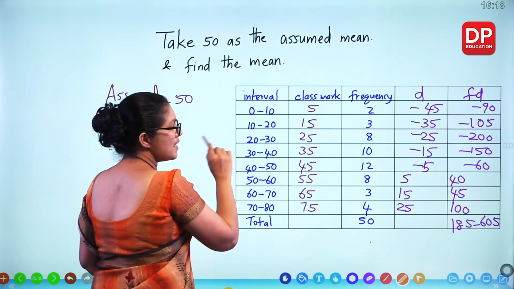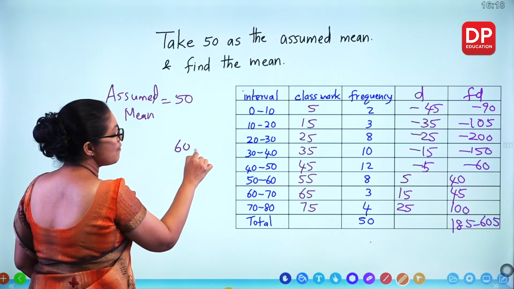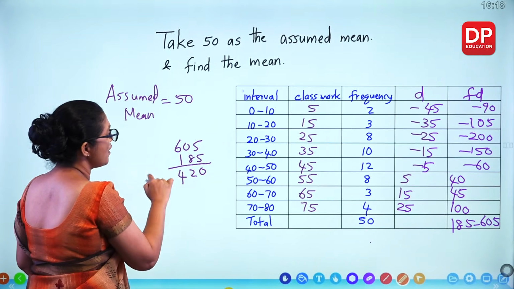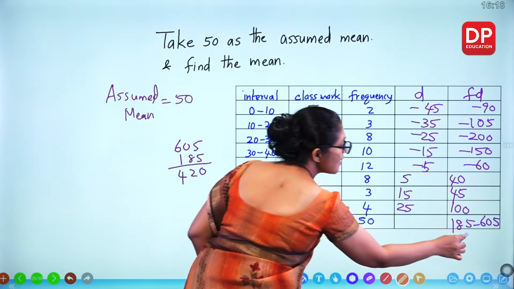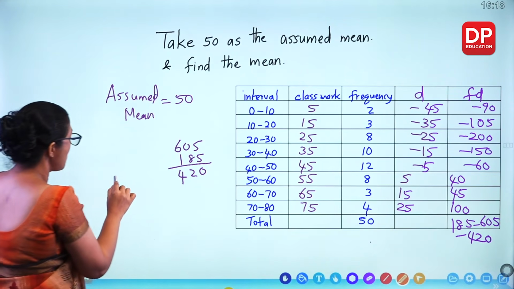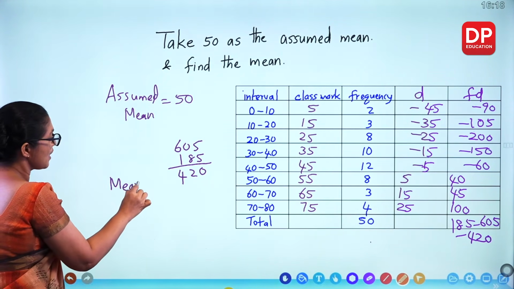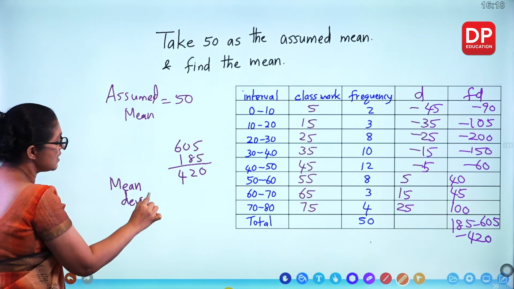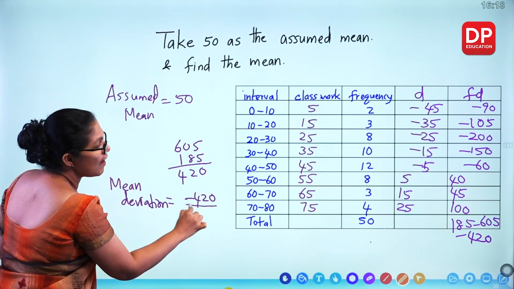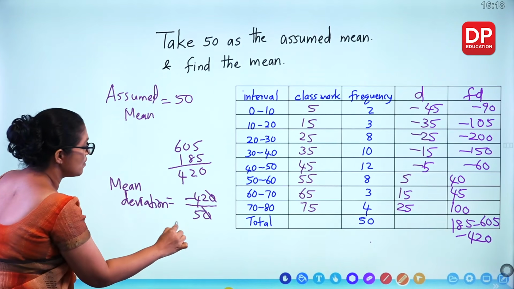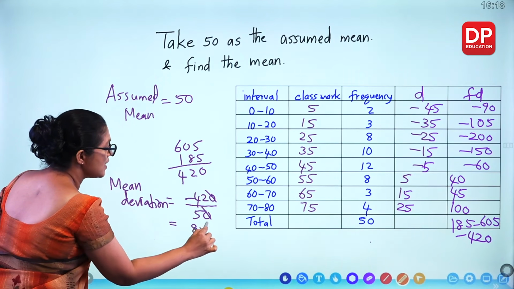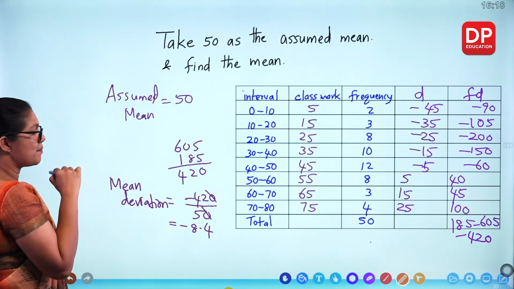So sigma fd is 605 minus 185, you get 420, but that's negative 420. So what's the mean deviation? Mean deviation is minus 420 divided by 50, which is minus 8.4.